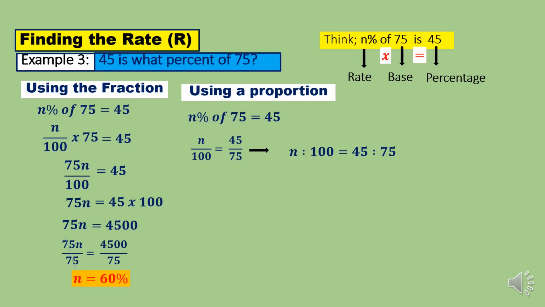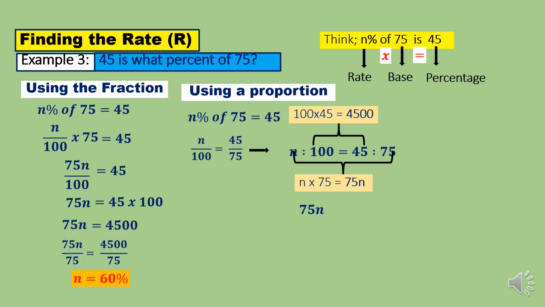Pwede rin naman ang fraction form. Sa column form, n is to 100 equals 45 is to 75. Multiply ang n times 75. That is 75n. And 100 times 45, and that is 4,500.